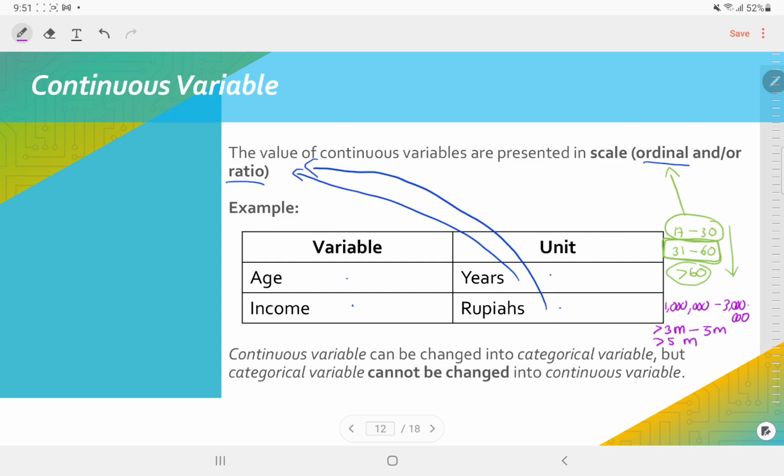It means that you have 3 categories. But it is not only 3. You can also give 4 categories or maybe just 5 categories. It depends on your research.